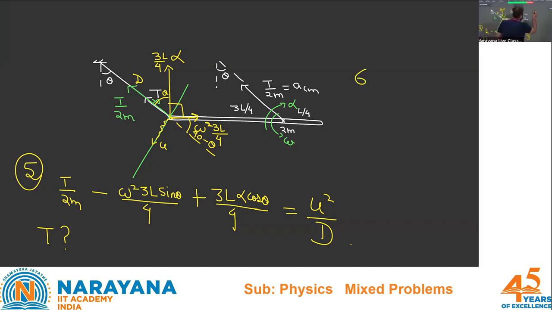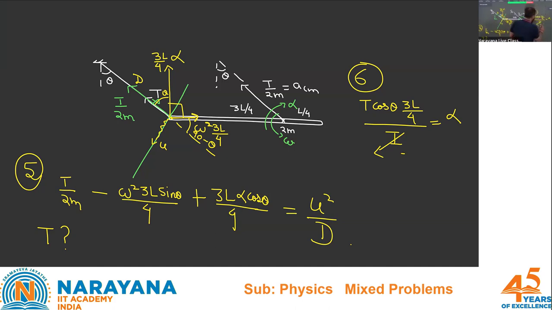So let me write the sixth equation. And for alpha, directly I will write torque equation about center of mass. Who will provide the torque? T. So T cos theta into lever arm 3L by 4 upon moment of inertia I, that should be equal to alpha. I think you calculated this.